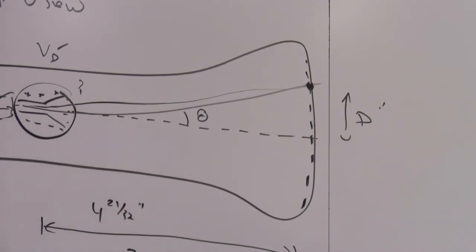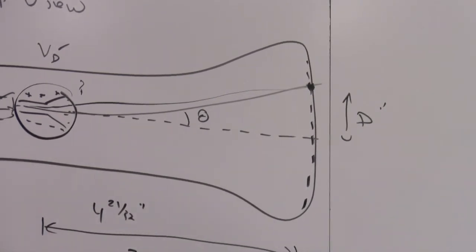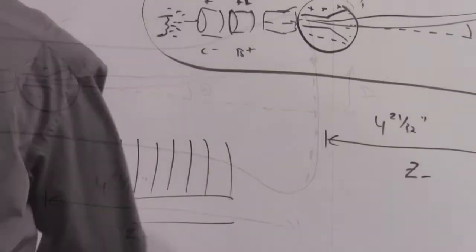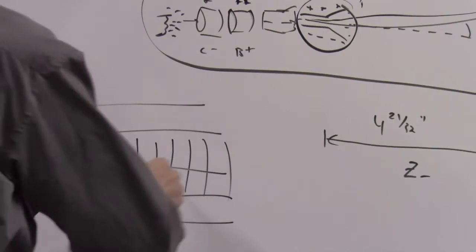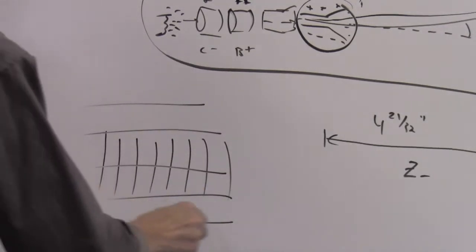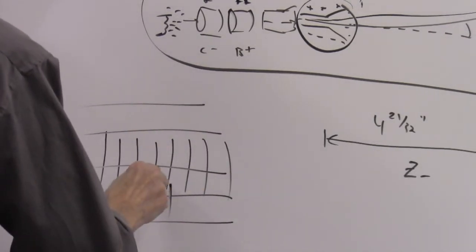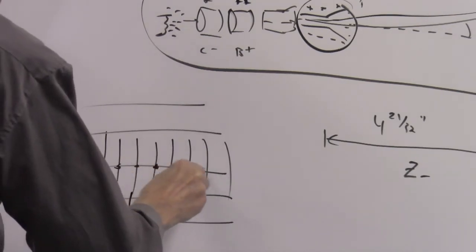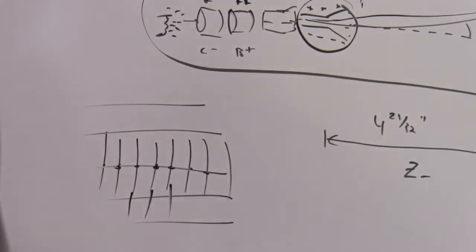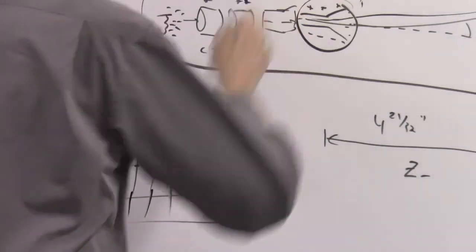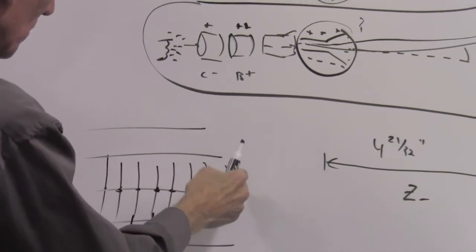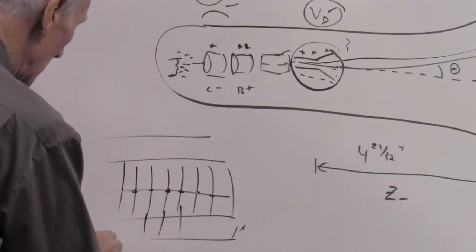So the goal of the game is to take this screen, which has 9 lines vertically and 9 lines horizontally, and put the dot here and here and here and here. There are 9 vertical lines, so we need to adjust this voltage V sub D till the dot moves over and sits on one of those vertical lines from +1 inch to -1 inch.